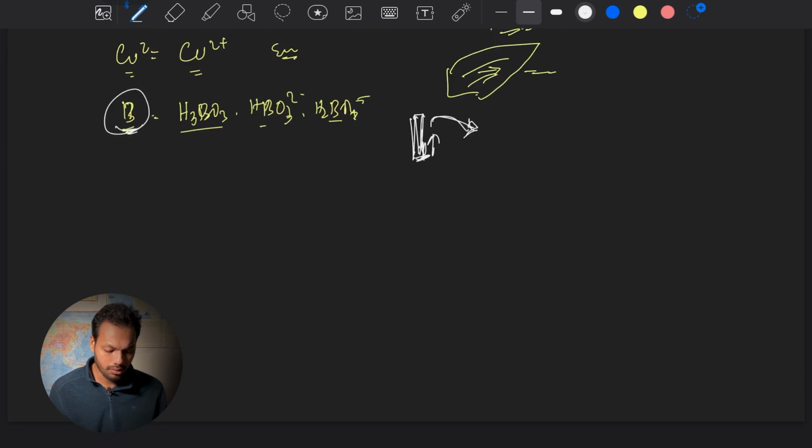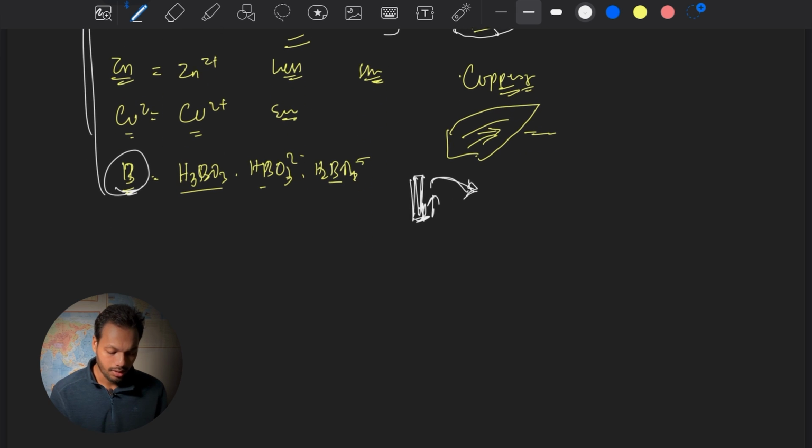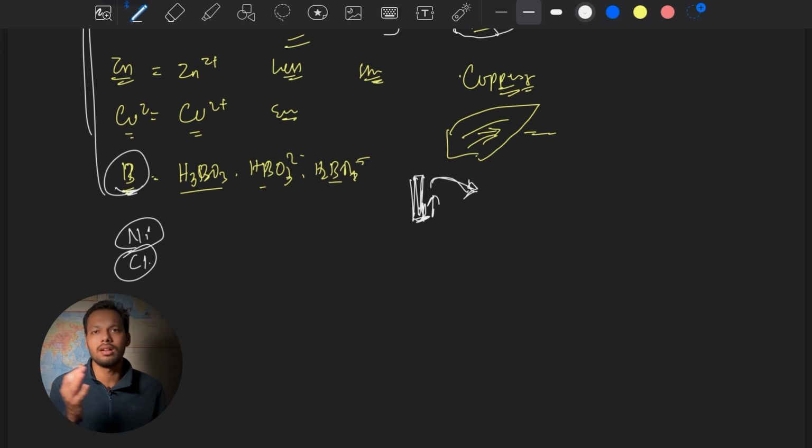So far we have covered the deficiency symptoms of many different nutrients. Again you will ask, sir, what about nickel and chlorine? They are plentifully available in the soil, so they are mostly not deficient. But chlorine has a significant role in the photolysis process, where the water molecule splits and releases the electron that excites the photosystem pathway.